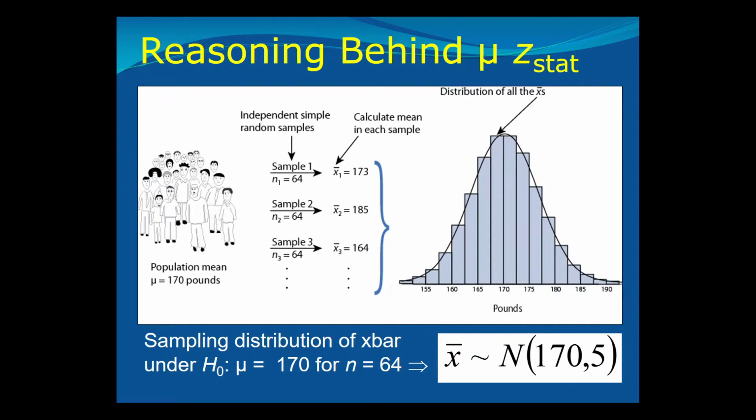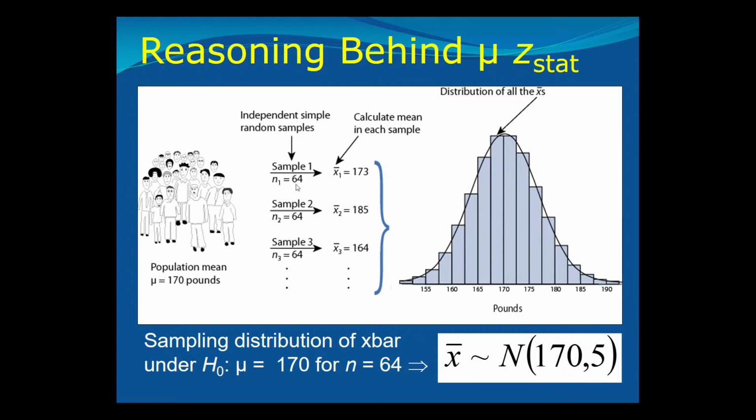On this slide you see an explanation of this example. We know that the population mean body weight in the 1970s equals 170 pounds.